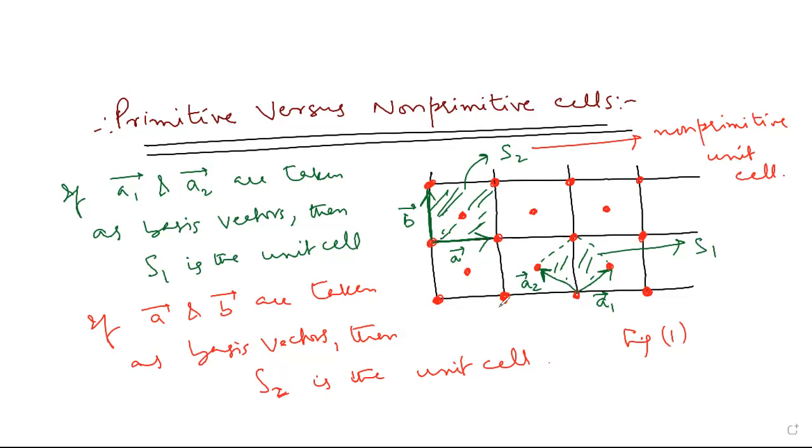Now the reason for the choice of the non-primitive cell S2 is that it shows the rectangular symmetry most clearly. Although this symmetry is also present in the primitive cell S1, the choice of the cell somehow obscures this fact, right?